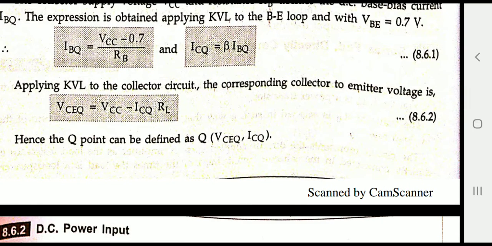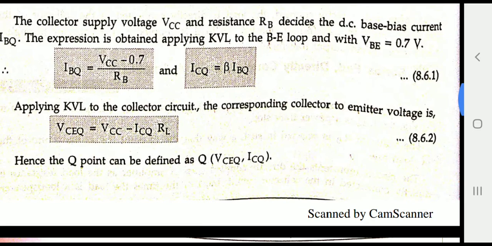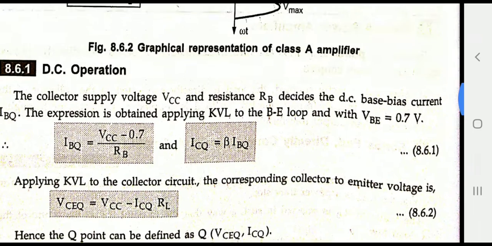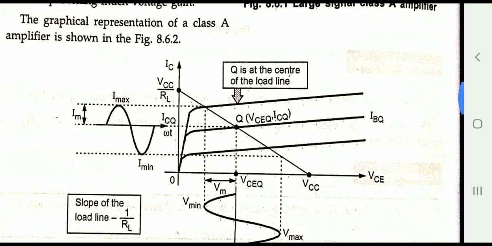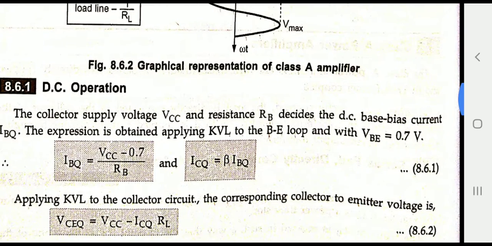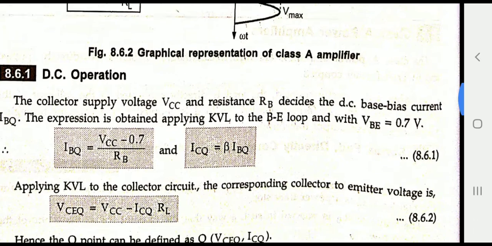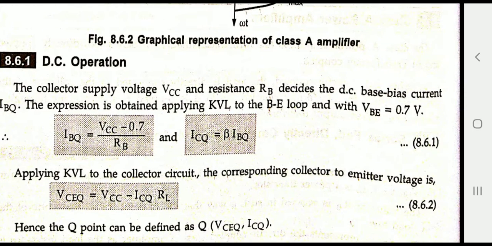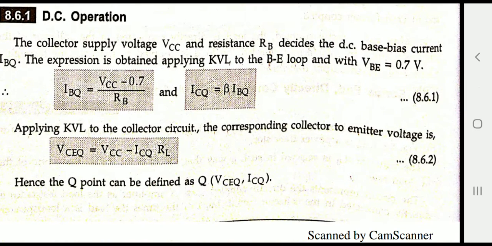So we can say that ICQ and VCEQ are the two Q point values drawn in the graphical representation, that is IC and VCE. These depend on the two expressions, VCC minus 0.7 by RB and VCEQ equals VCC minus ICQ into RL. Now this is about DC operation.